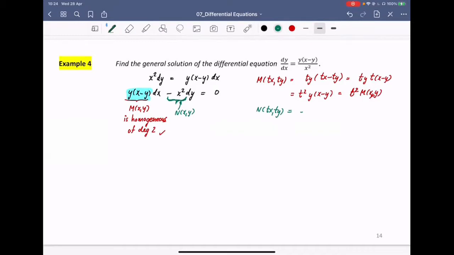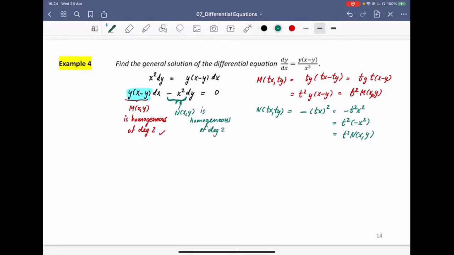That is my N. So I get negative (tx) squared, which is negative t squared x squared. Okay, good. That is t squared times negative x squared, and that is t squared N(x, y). So this is also homogeneous of degree 2.